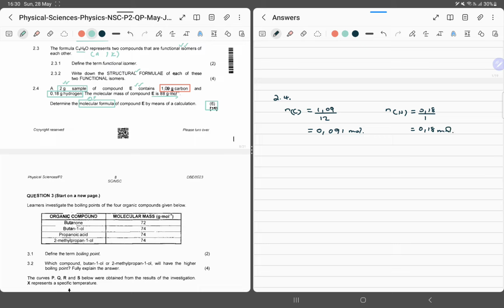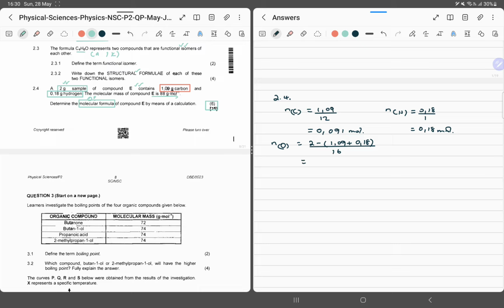And then we also want the number of moles of oxygen. Now the mass is going to be 2 minus the sum of these two, 1,09 and 0,18. I ran out of space, so let's do it here. The number of moles of oxygen is going to be 2 grams minus the sum of these two, and then we divide by the molar mass of oxygen, which is 16.